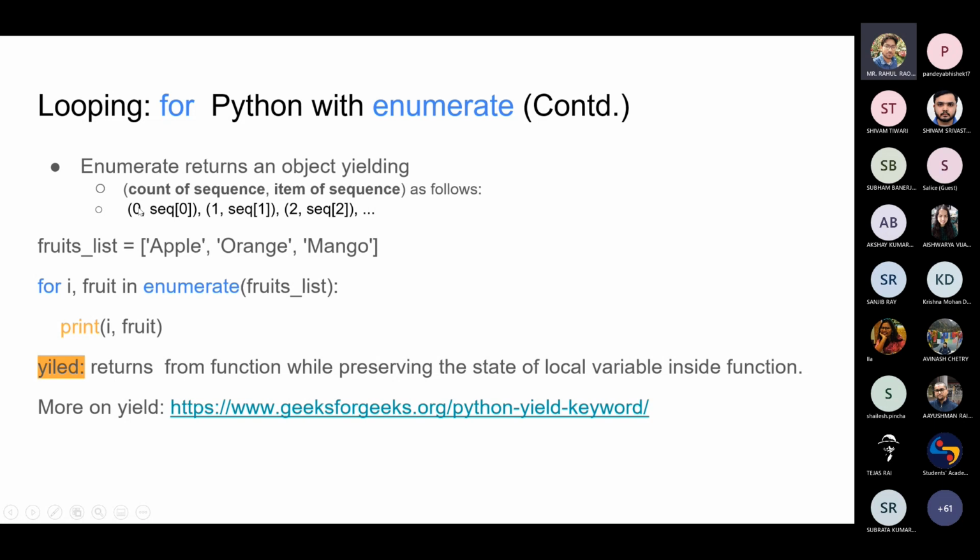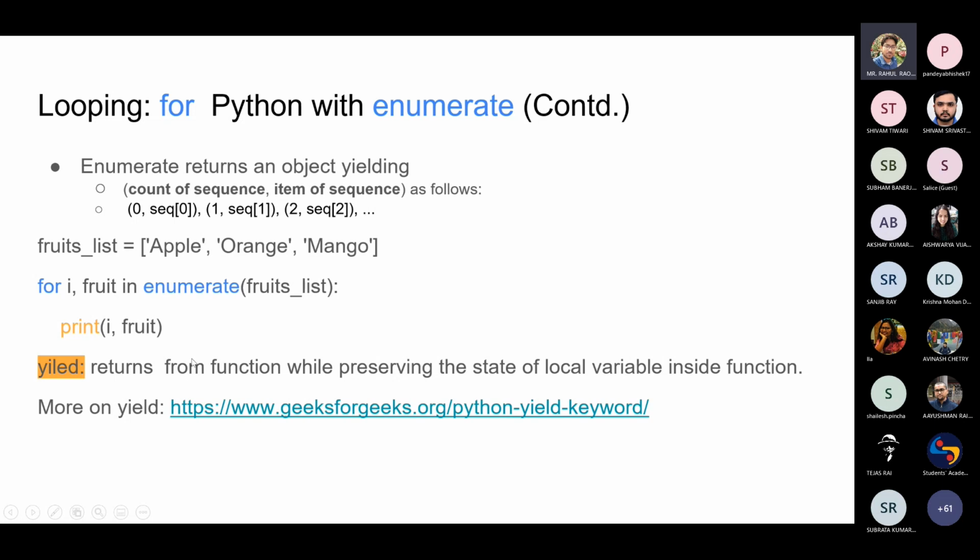So 0 is the count, and sequence 0 is the item 0, and 1 is the second count, and sequence 1 is the second item. So we define fruit list equal to apple, orange, mango. For i comma fruit in enumerate fruit list, print i comma fruit. So it will print 0 apple, 1 orange, 2 mango, and so on.